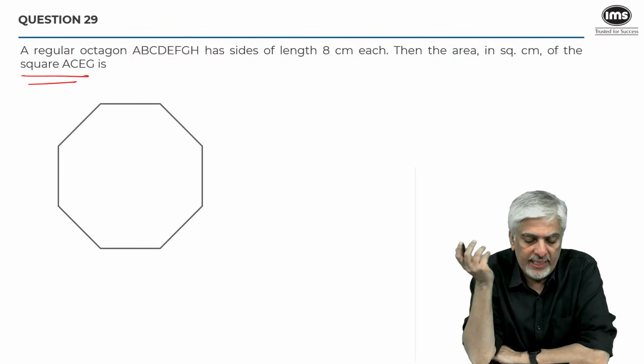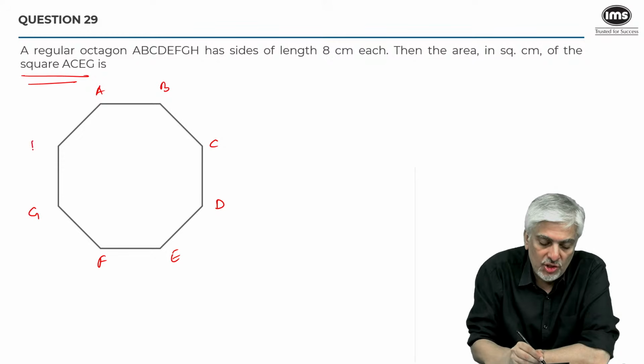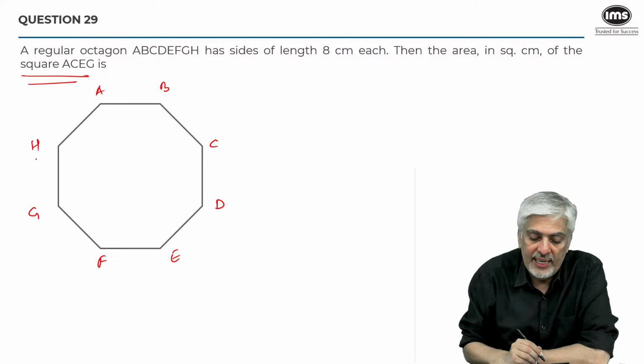Next figure, only the octagon ABCDEFGH. We have been asked the area of the square ACEG.